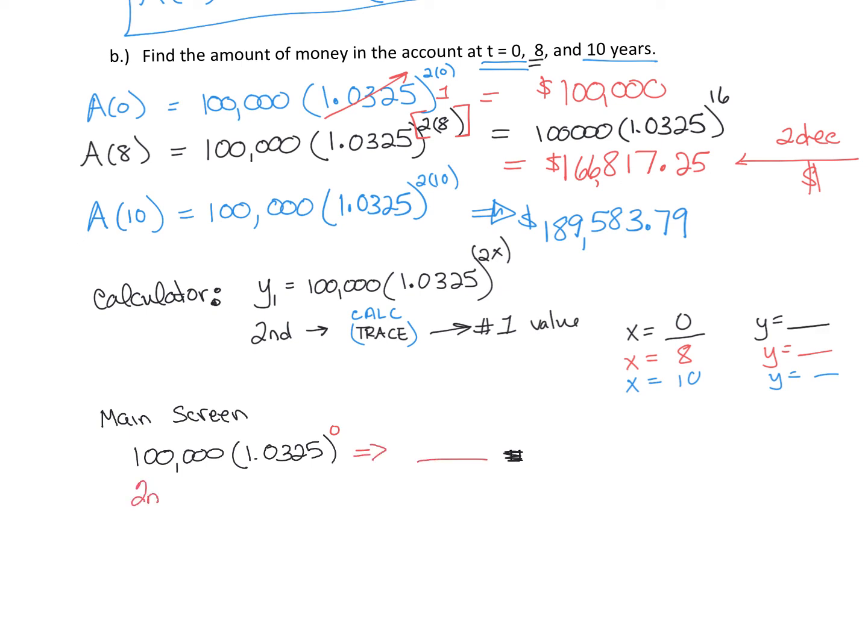Then if you hit the second function and then the enter key, it will show up again in an editable format, and you can change that 0 to, in this case, 16 for the second one. And then again, second enter and change it to a 20. So there's just 2 different ways that you can use your graphing calculator to find these values. Both of those ideas are very helpful if you're going to find similar values and not wanting to type it all back in again. Thank you.